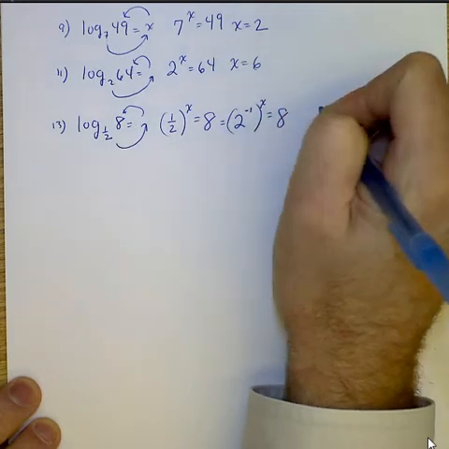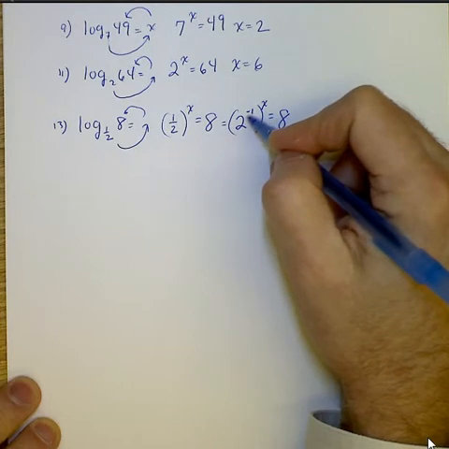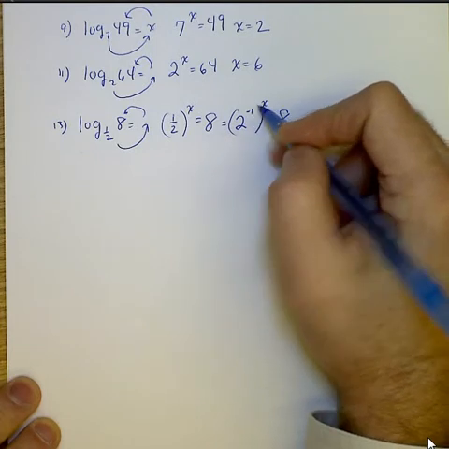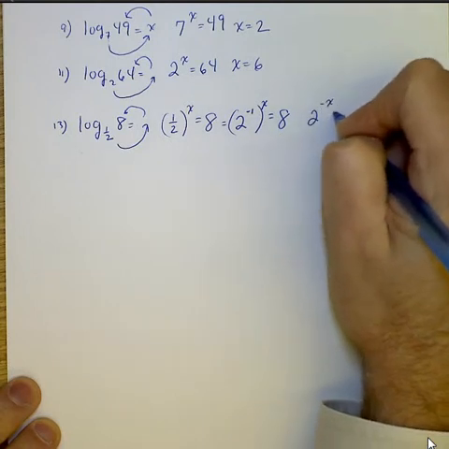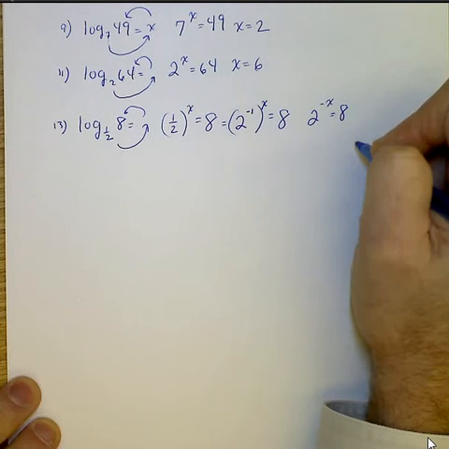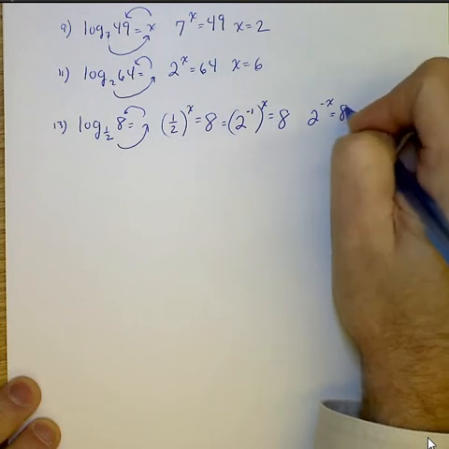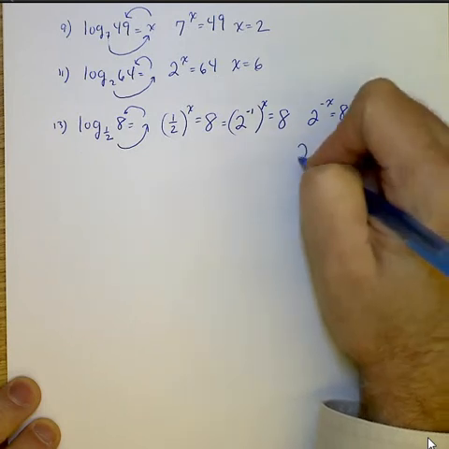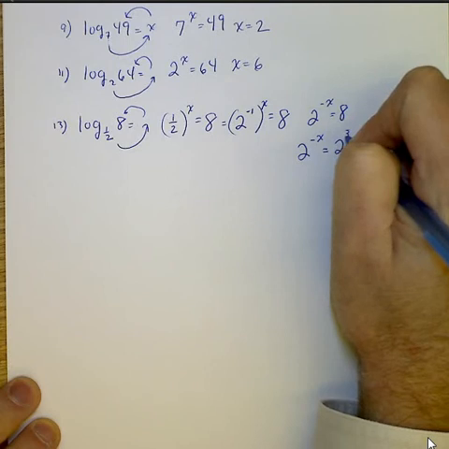And we can use power to power rules here. When we raise 2 to the negative 1 and then to the x, that's the same thing as 2 to the negative x equals 8. And then we can redefine 8 in terms of 2 and say 2 to the negative x equals 2 cubed, because 8 is 2 cubed.